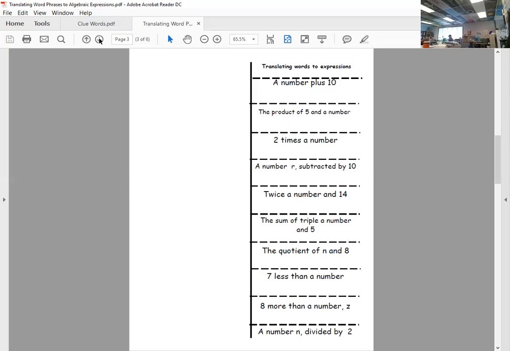Okay, if you look, let me go back and write how the words are changing to an expression underneath.